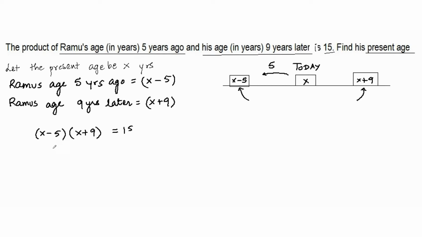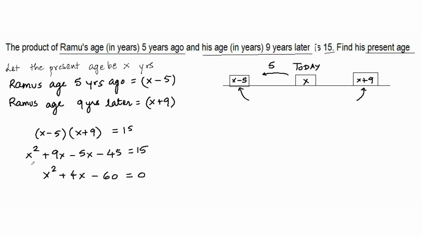Now I can simply open up the bracket. So x into x becomes x square, x into 9 becomes 9x, negative 5x, negative 45 is equal to 15. And therefore, on simplification, I get x square plus 4x minus 60 is equal to 0.